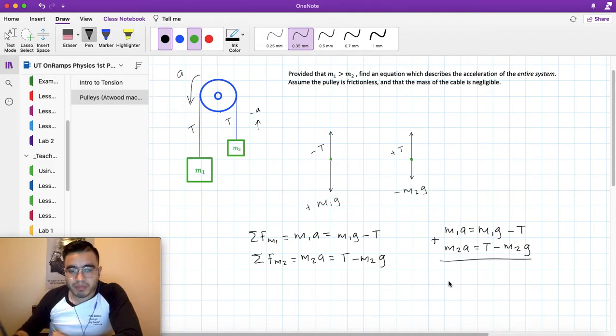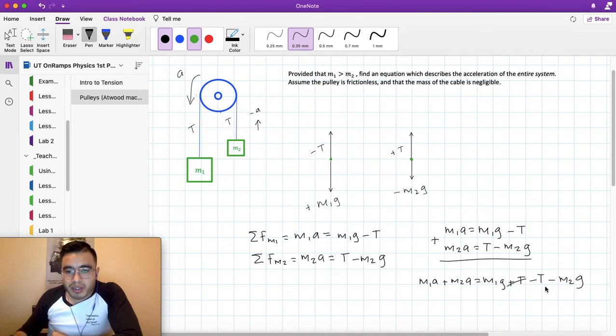So let's do that. That'll be m1 times acceleration plus m2 times acceleration is equal to m1 times acceleration due to gravity plus tension minus tension minus mass 2 times acceleration due to gravity. Notice how tension and tension cancel each other out because they have opposite signs.